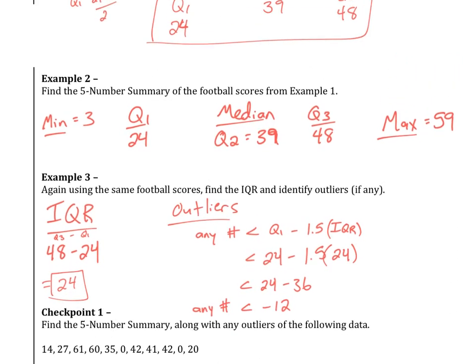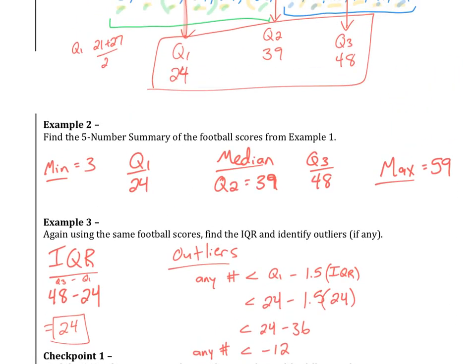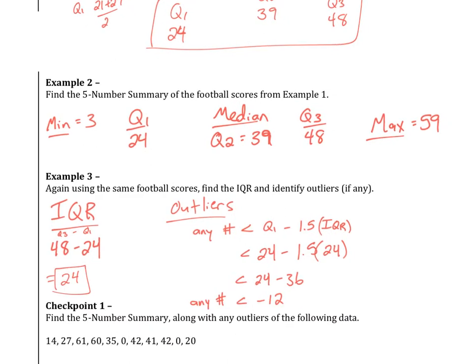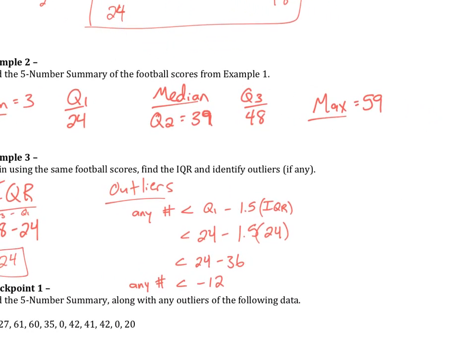If I scroll up, are there any numbers in this list up here, the blue numbers, that are less than negative 12? No. So there's no outliers that are less than the first quartile. So now we have to do any number greater than the third quartile plus 1.5 times the IQR.